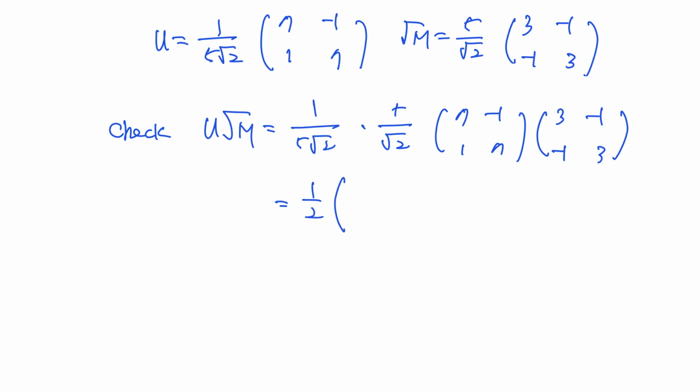Let me check. 21 plus 1 is 22, right? Minus 7 minus 3 is minus 10. 3 minus 7 is 4.